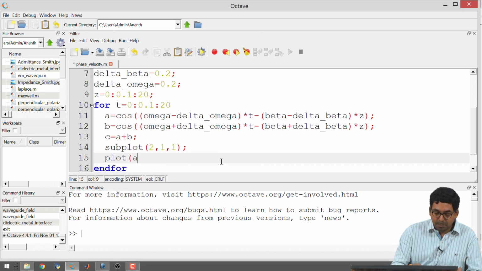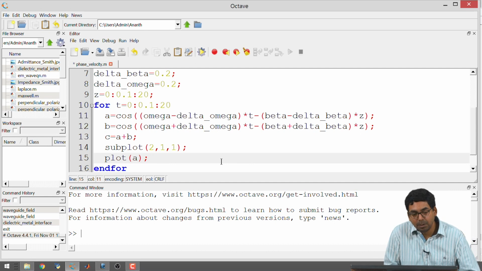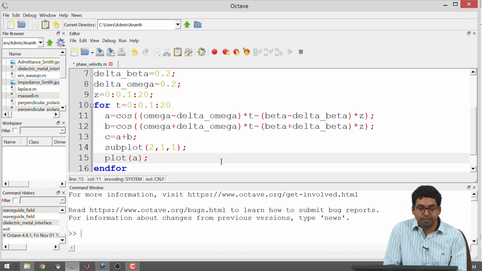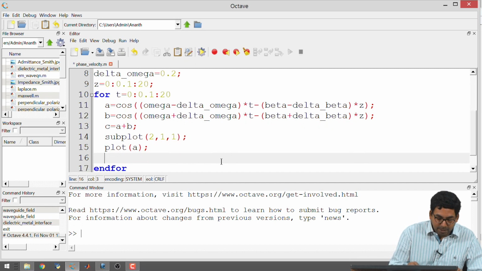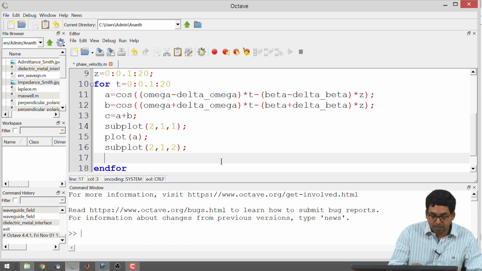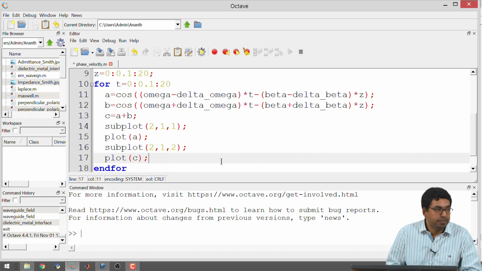So, first I will just plot the wave A, that is equal to some cosine of omega minus delta omega into t minus beta minus delta beta into z. It is just a wave. Okay. And I will have another plot at the bottom and I will plot the sum of these two for all instants of time, right.